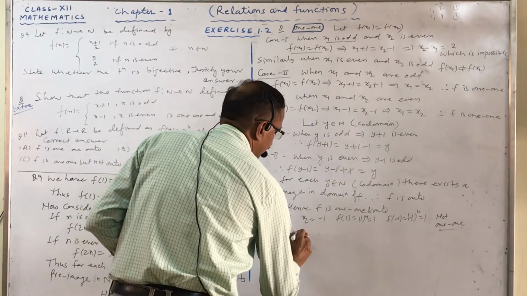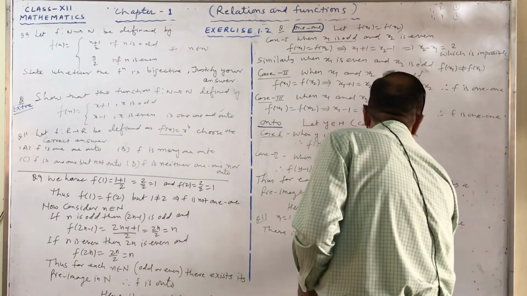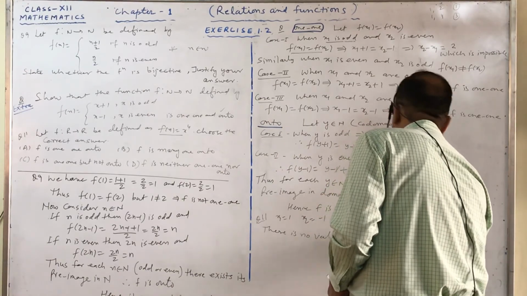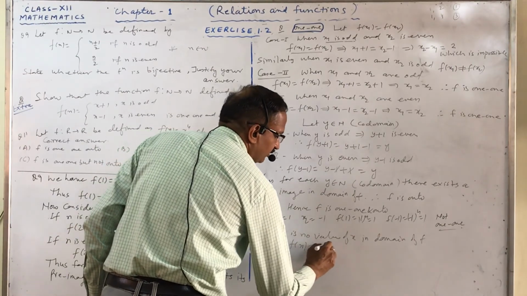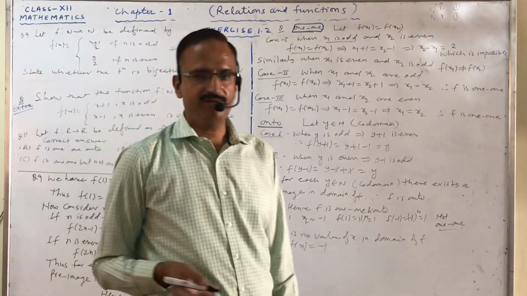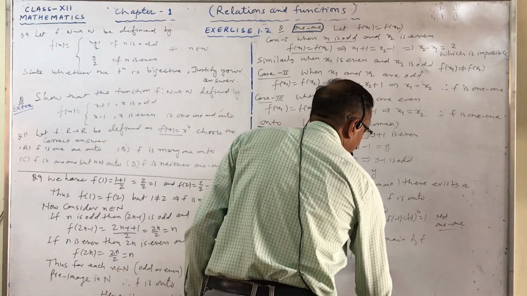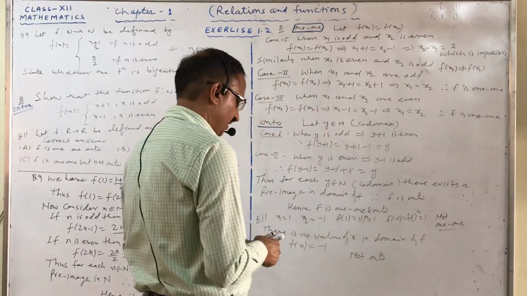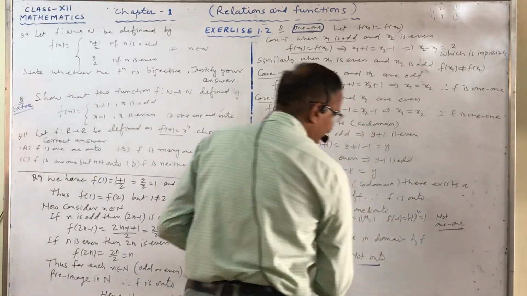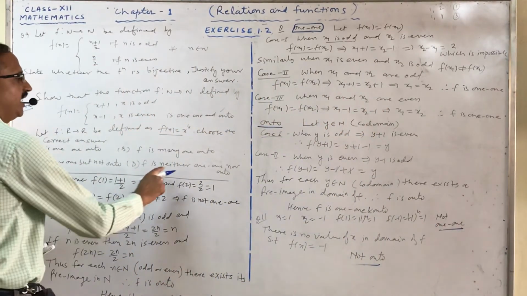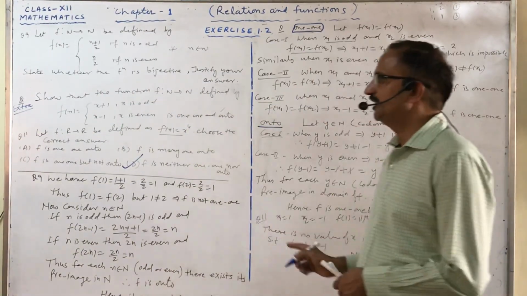There is no value of x in domain of f such that f of x equals minus 1, means negative. So we can say that it is not onto. Since this is not onto and not 1-1, it is neither 1-1 nor onto. So we can say that this D option is correct.